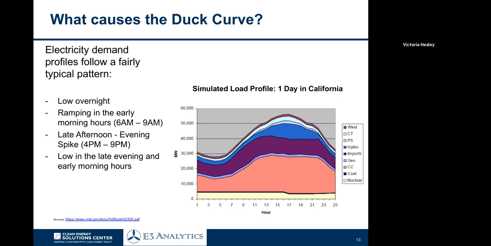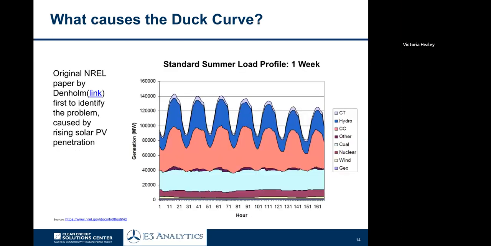So this essentially gives a snapshot of California electricity load profile by generation mix in its standard form. Now, spread that out over a week, and you get something like this. Over a standard week, you can see all is fairly easy.